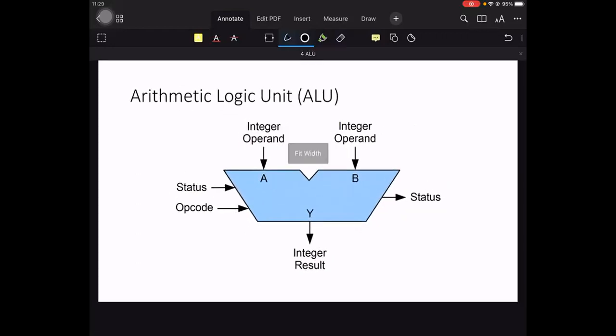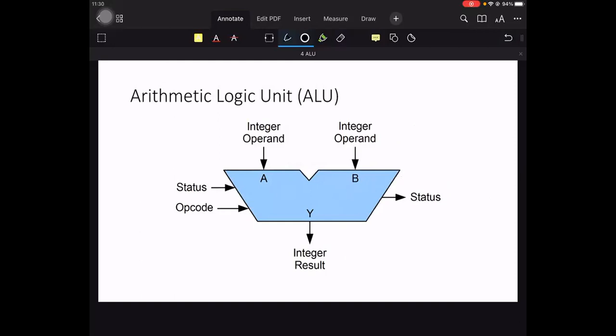We also have status input. If isa sa iyahang basis is the status of another device na connected to it, maybe connected also sa another ALU, because isa sa possible output sa atong ALU is a status output also, no?